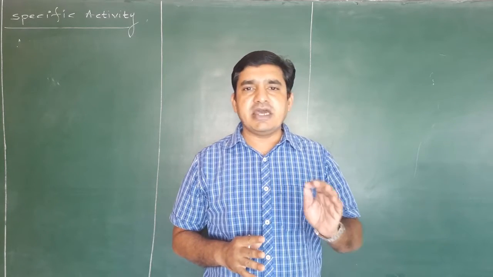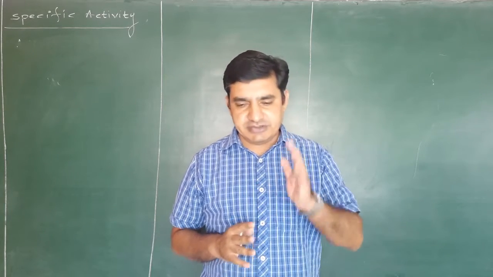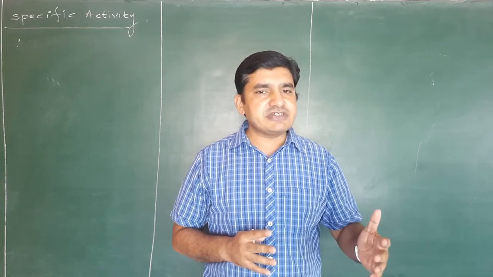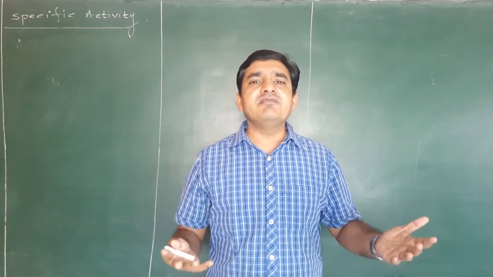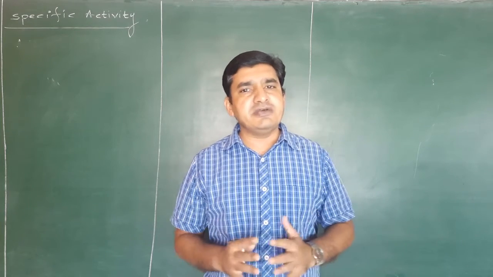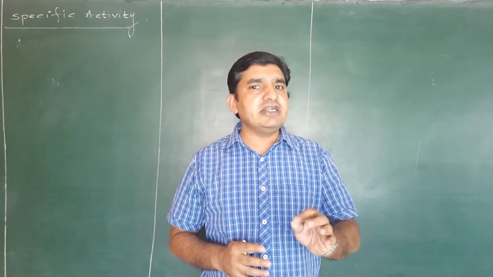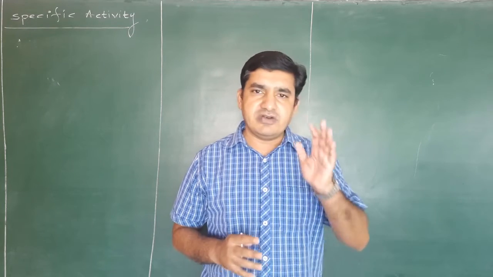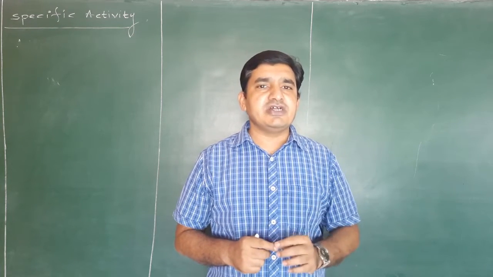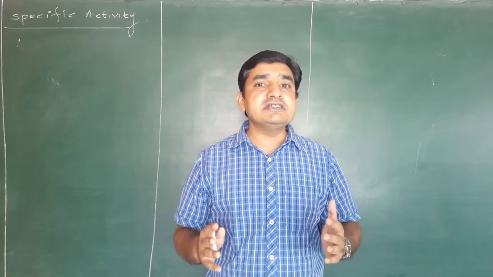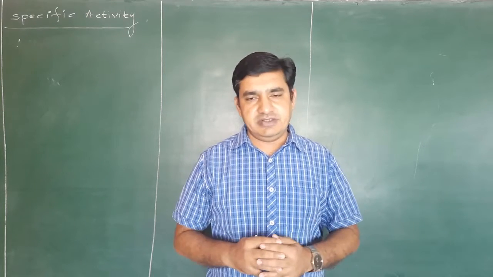We also discussed half-life, that is the time required by a radioactive substance to disintegrate to half of its original value. Friends, in this lecture, we have to see what the specific activity is.